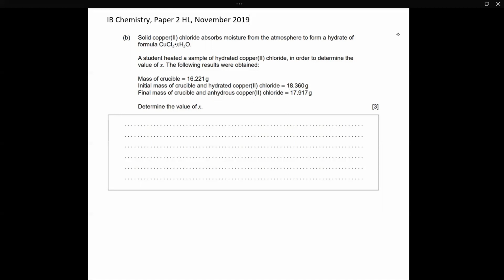So for hydrated CuCl2, we can find out the mass by just subtracting the mass of the crucible from the mass of the crucible and hydrated copper 2 chloride.